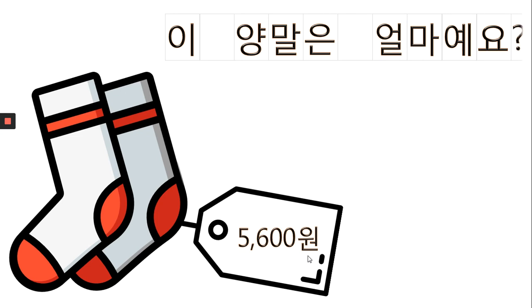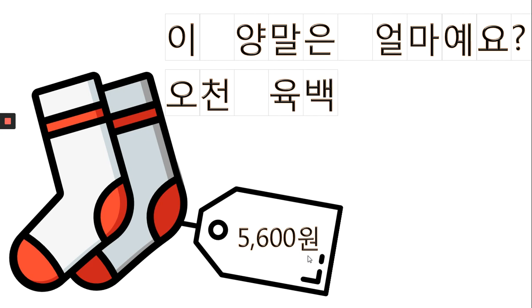얼마예요? 이 양말은 얼마예요? Okay, 5,600: 5,000, 1,000, and 6, 600, 100, 5,600. And what do we need? Dollars in Korean? Korean won. We use won. 5,600 won. And what do we need? The verb "be." Yeah, it is 5,600.